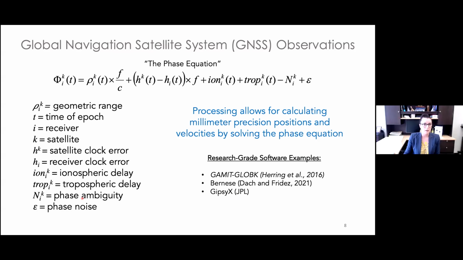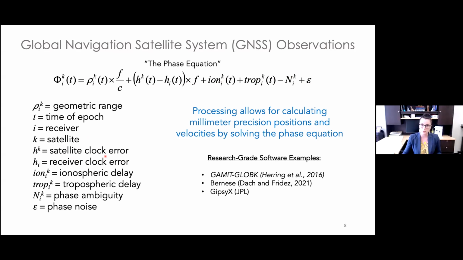I was asked to give a little overview, so I just wanted to point out the complicated but simple, if you know it, phase equation. There are a lot of things that geodesists correct for because the signal travels from the satellite through the ionosphere and the troposphere, and a lot of corrections have to be made. There's also a clock error, because the clock in the GNSS receiver is less precise than the clock in the satellite.